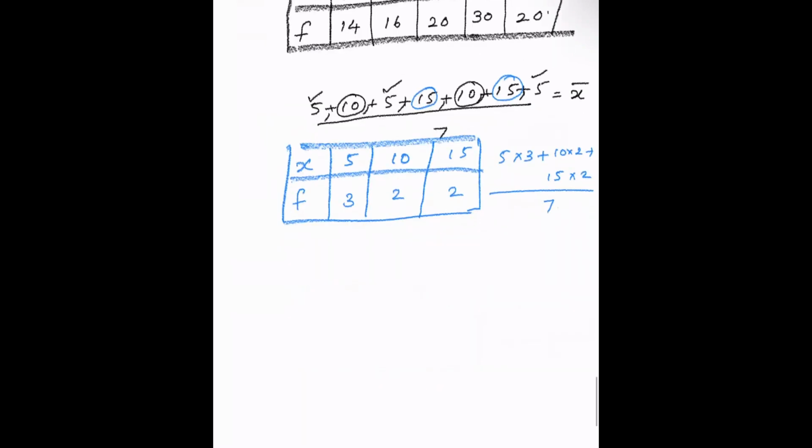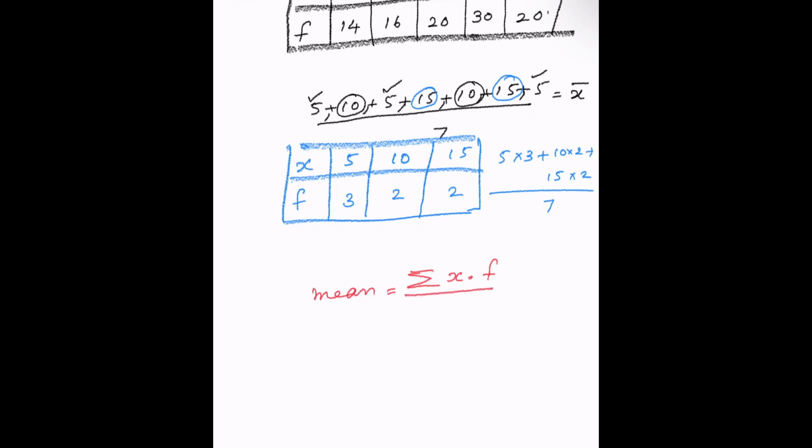The mean is equal to the sum of X into F. You are multiplying each observation with its corresponding frequency, the next observation with its next frequency.